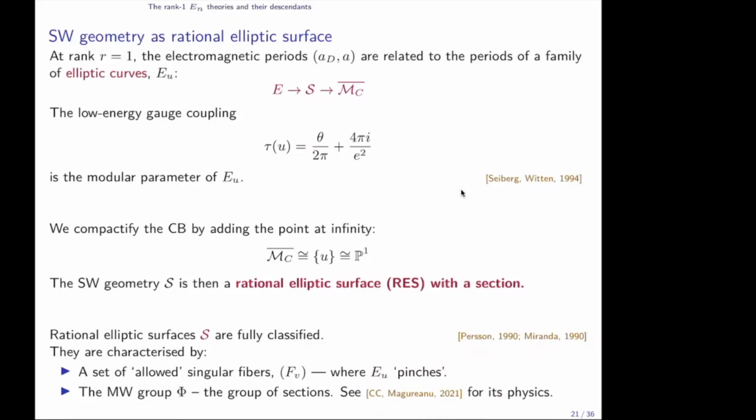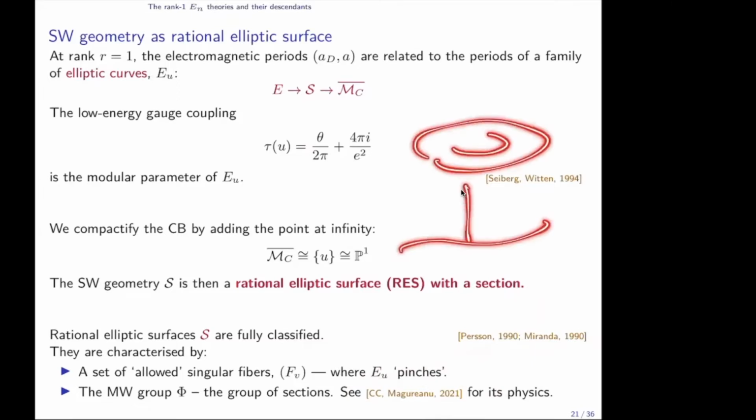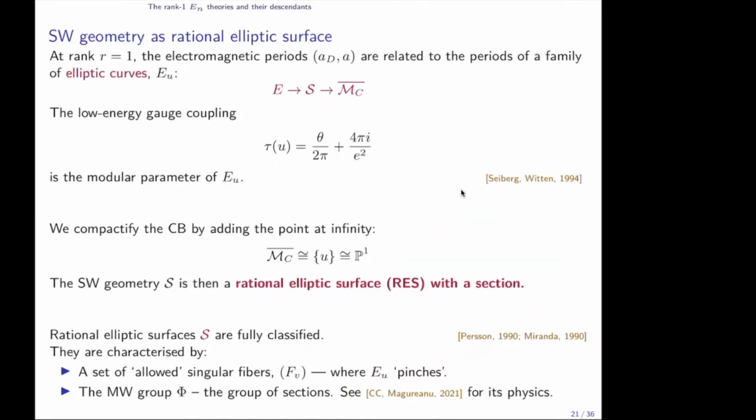So that's where, when you have an elliptic fibration, it might happen that the torus, the elliptic fiber, pinches in some way, and how it can pinch was classified by Kodaira long ago. And so we have a set of allowed singular fibers on the U-plane. And to fully determine the rational elliptic surface, you also need to consider its group of sections, its so-called Mordell-Weil group. We discussed the physics of that in terms of flavor symmetry in the paper, but I will not discuss that today.